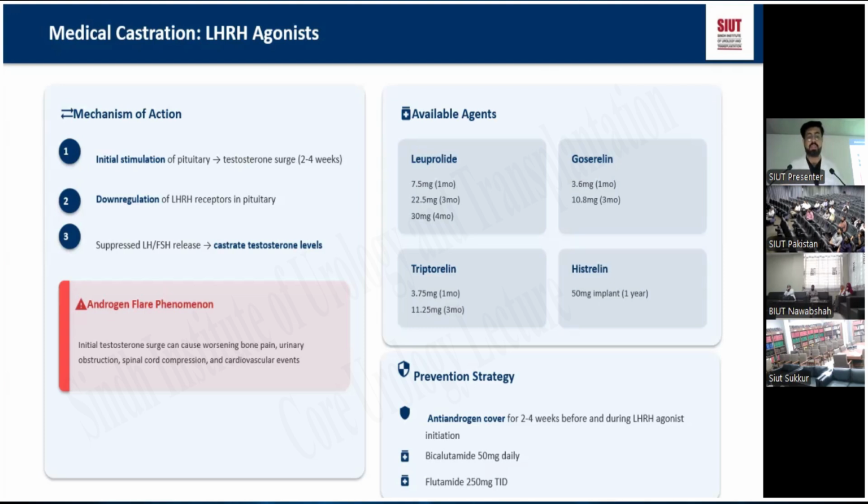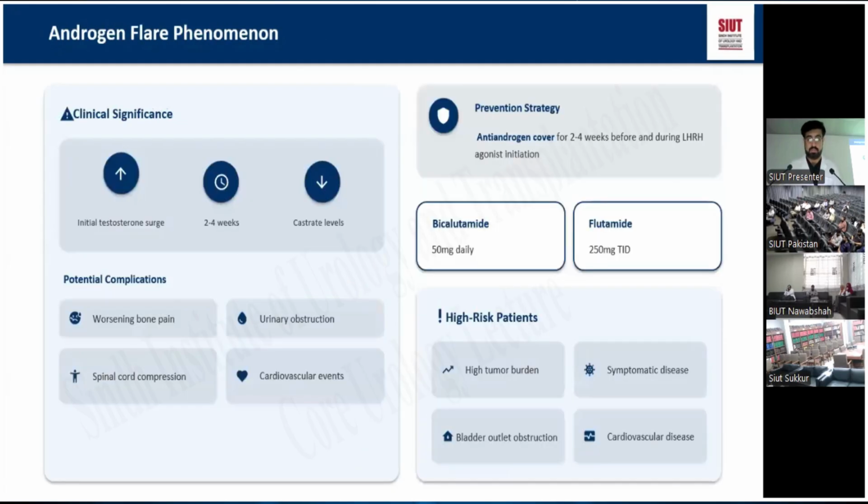So to prevent the initial surge of testosterone, which may cause worsening pain, urinary obstruction or spinal cord compression, anti-androgen cover is given for 2 to 4 weeks before and during LHRH agonist initiation. Okay, so what is the androgen flare phenomenon? As discussed, there is an initial testosterone surge for 2 to 4 weeks, and then the testosterone reaches a level below 50 nanogram per deciliter.